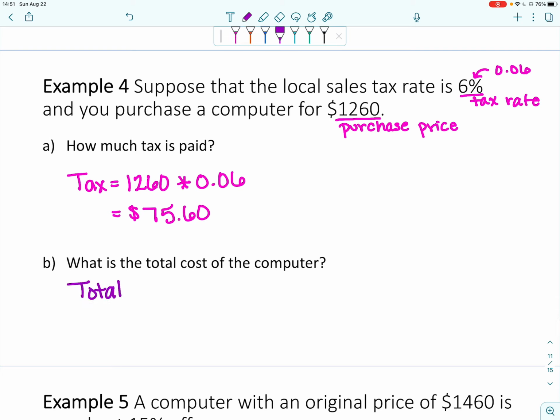So our total cost becomes the $1,260 that we're purchasing the computer for, plus the $75.60 that we have to pay in tax.